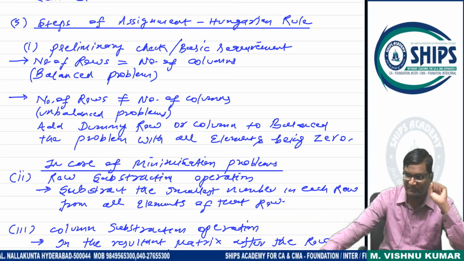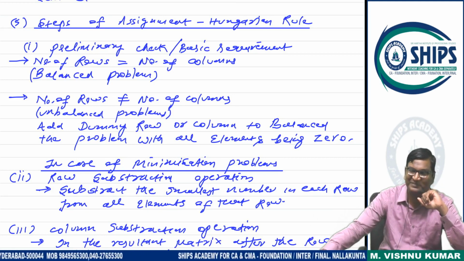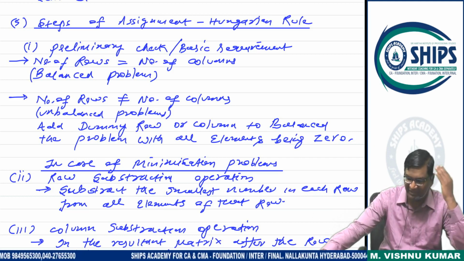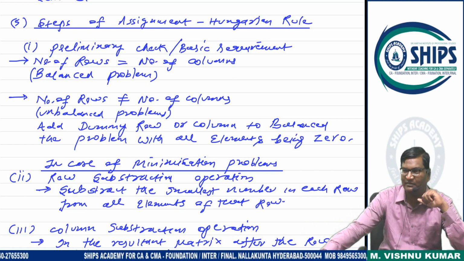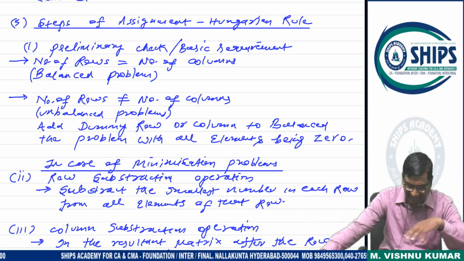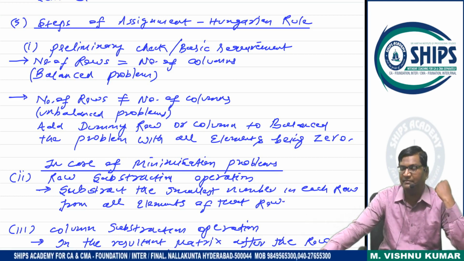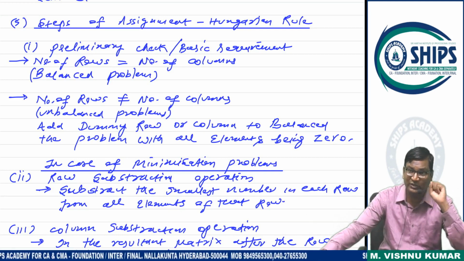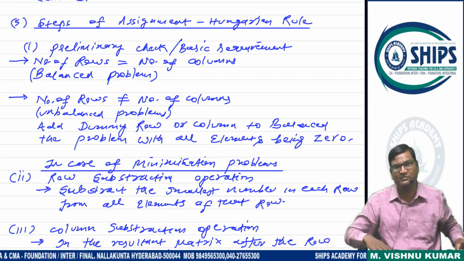Computer software. Brother, in an organization do only 4 workers work? Logically, in one organization 100 workers, 200 workers, 500 workers, sometimes 1000 workers will work. This is a basic model. From this model, computer software is developed. In computer software, you can get this solution for 1 lakh jobs and 1 lakh workers also.